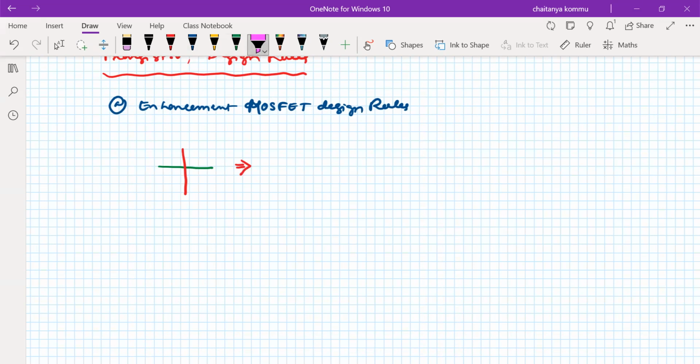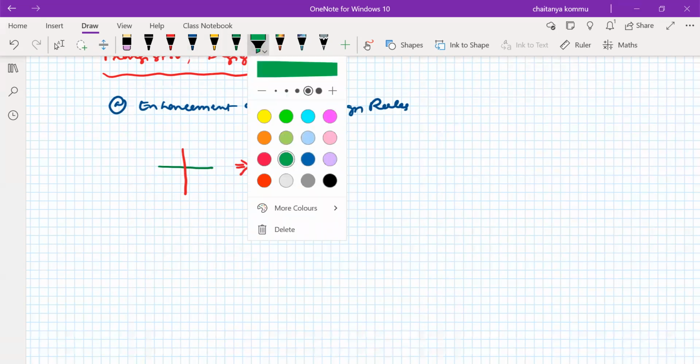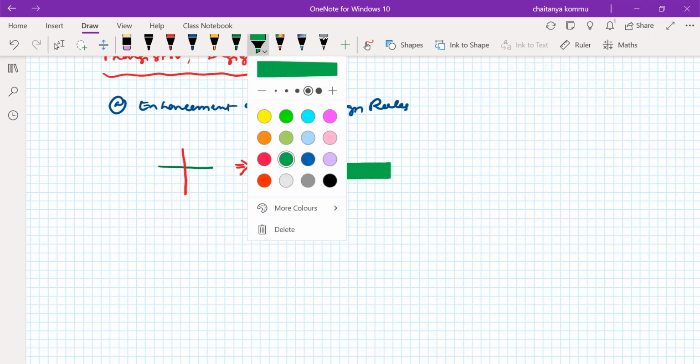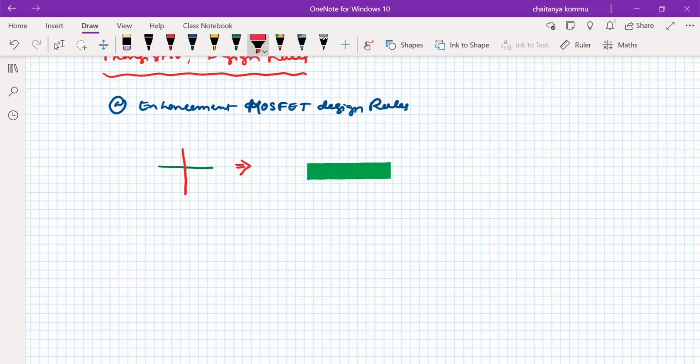There is a minimum of 2 lambda transistor diffusion. Something like this we have to form, right? Clear?